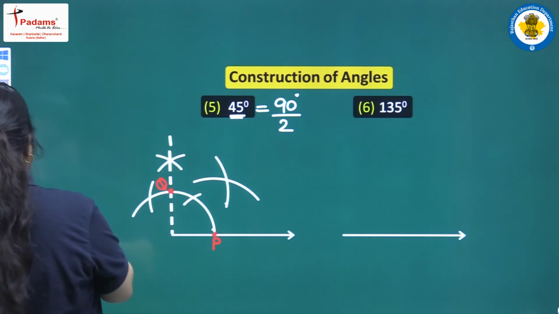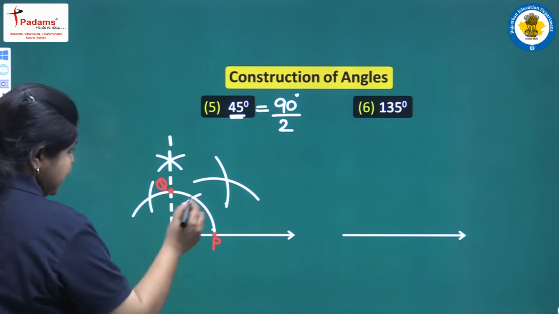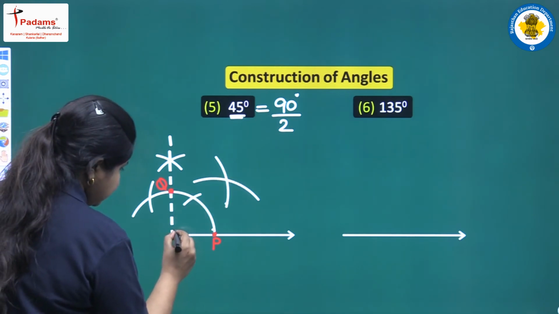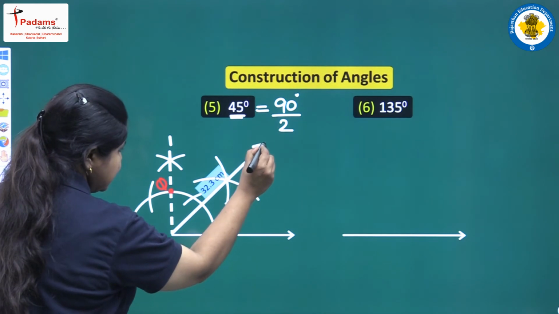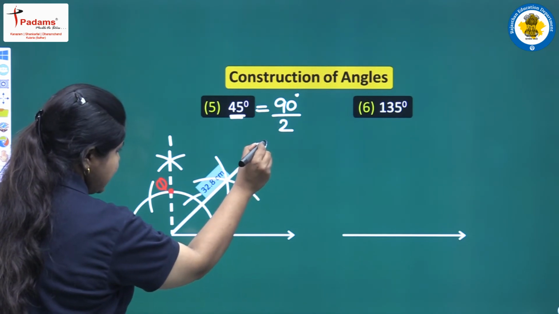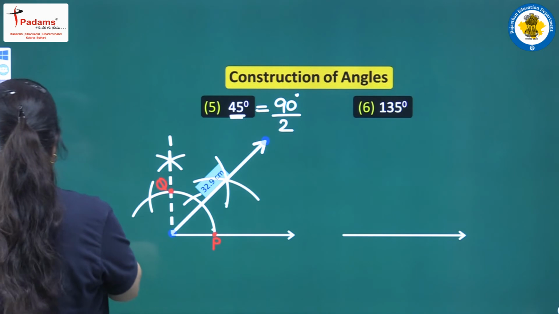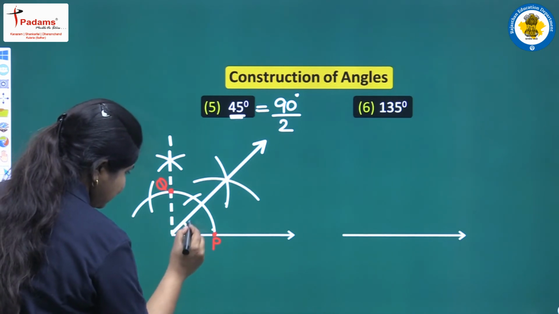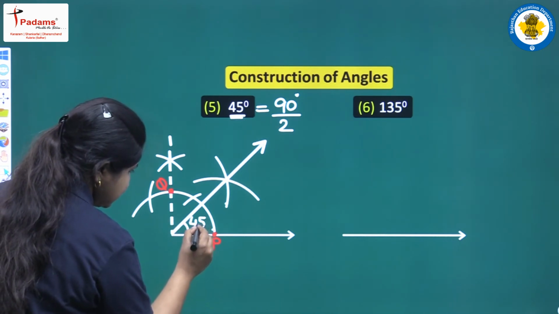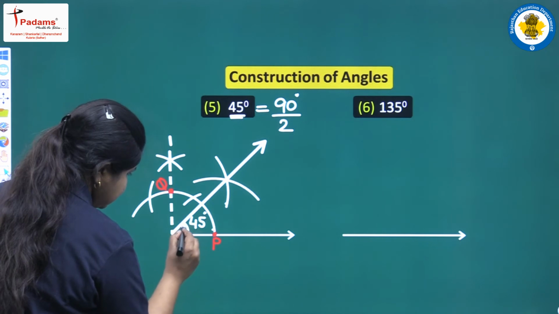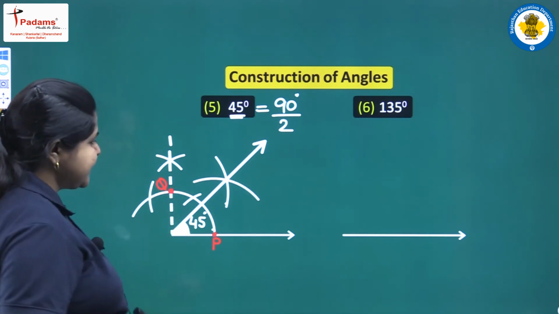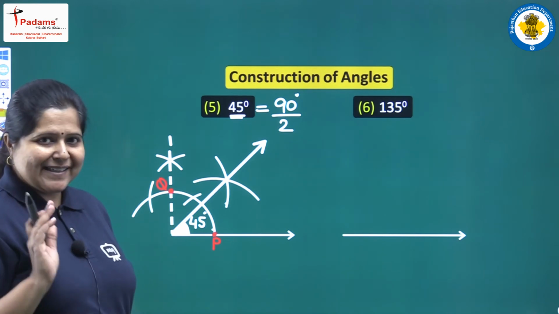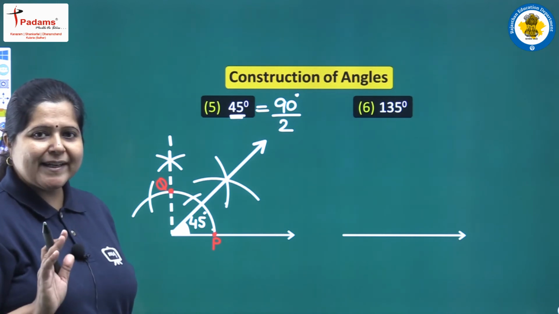Now simply we need to draw a ray here, join these 2 points, you may extend it further, and with this we get an angle measuring 45 degree, this particular angle. This is of measure 45 degree. So I hope you get the concept behind this.